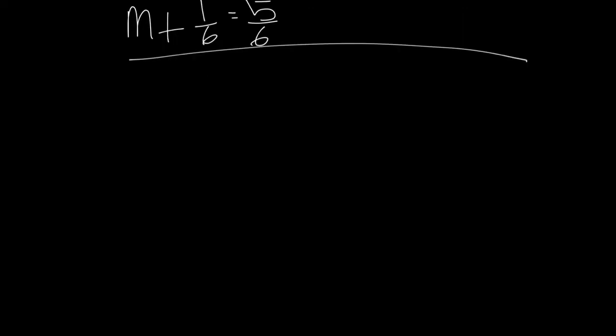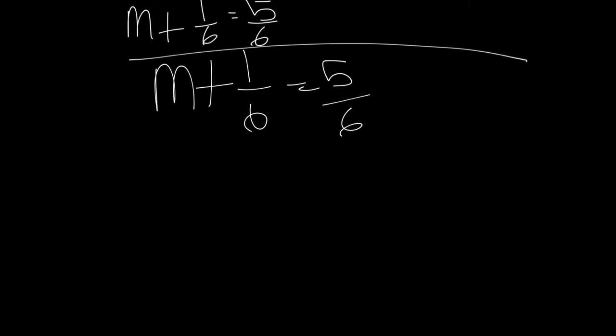To solve equations with fractions, you rewrite it, so m plus 1/6 equals 5/6. You would do minus 1/6, cross it out, and then do minus 1/6 over here, because whatever you do to one side, you've got to do to the other.